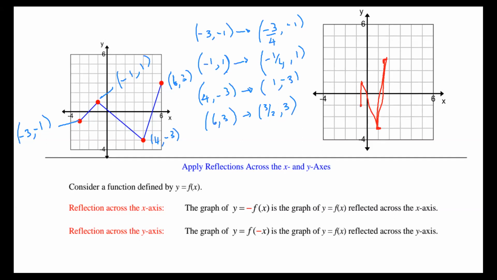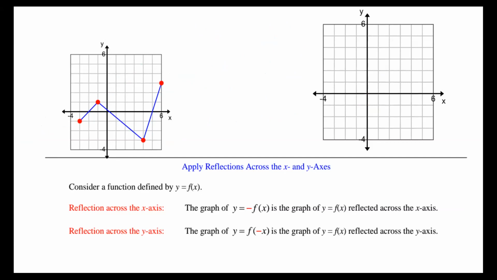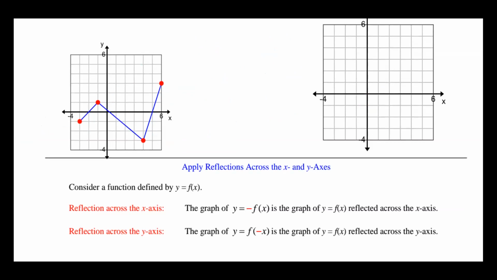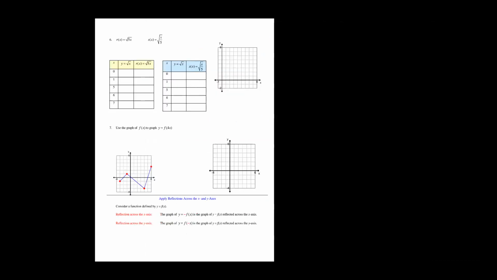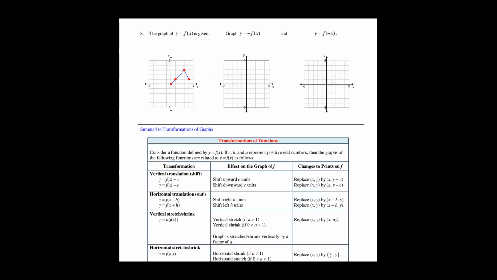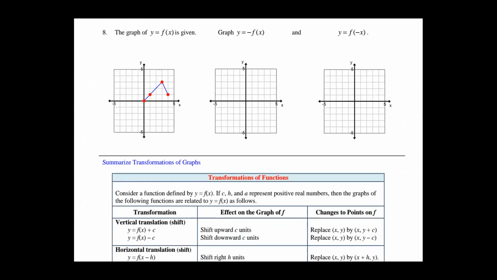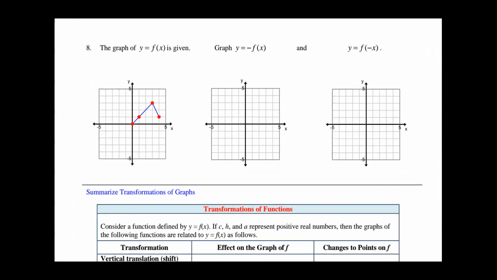Okay, so the next one is the reflection along the x-axis and the y-axis. So the reflection across the x-axis is y equals -f of x, and the reflection across the y-axis is going to be y equals f of -x.